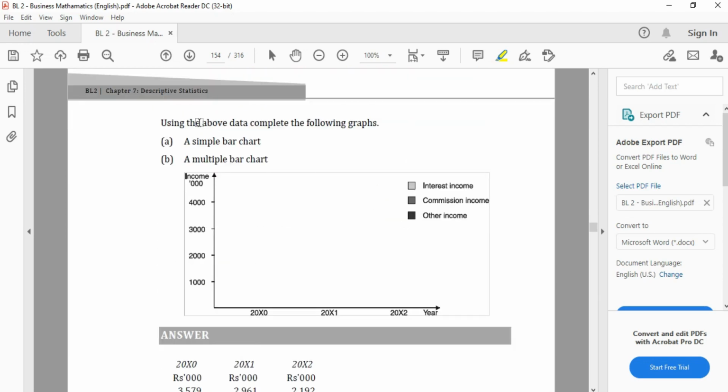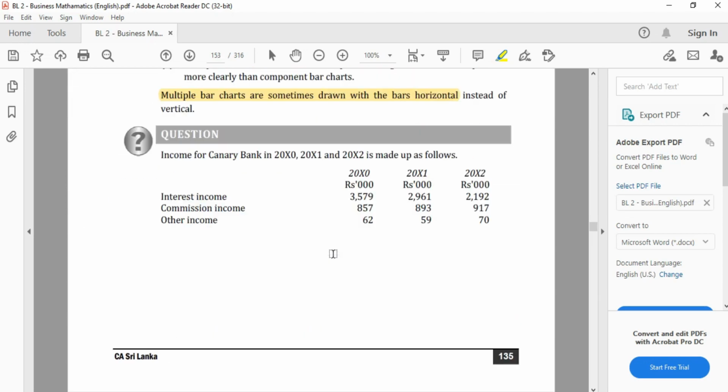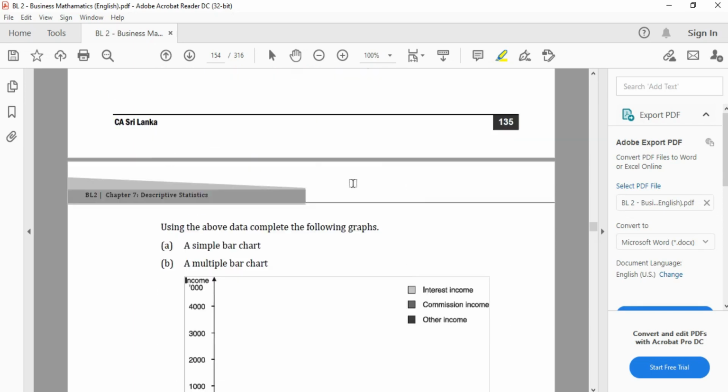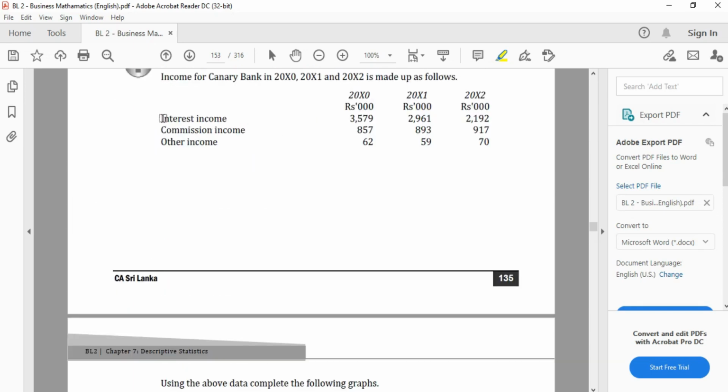All right. So see this example. They have given you the interest, commission income and other income for 3 years, and then they have asked you to draw a simple bar chart and a multiple bar chart. So in a simple bar chart, you should not show these separately. You will show the total of each category.